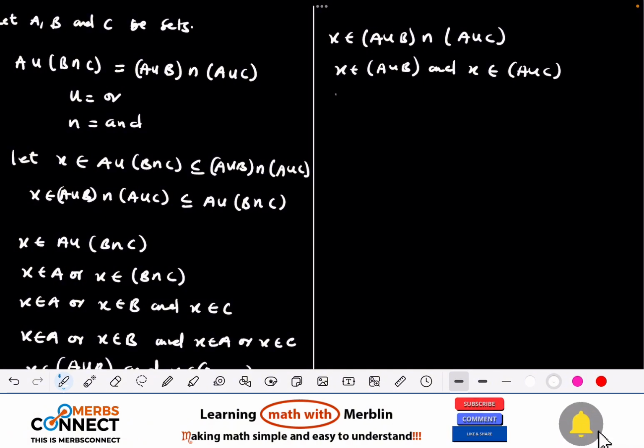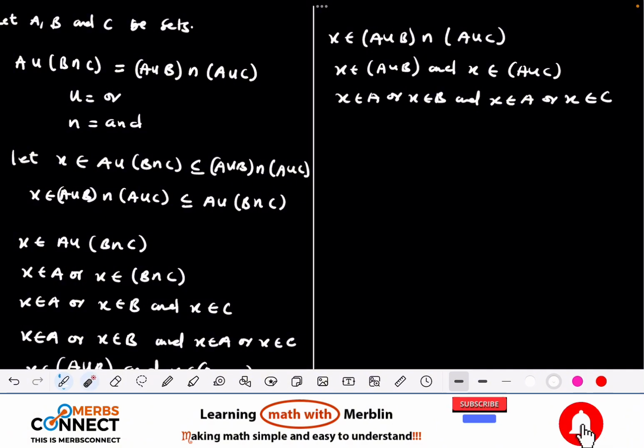Then now we can expand the bracket. So I'm going to have X belongs to A, so union will be or, X belongs to B, and which is right here. Then I'll expand the one here to X belongs to A or X belongs to C.